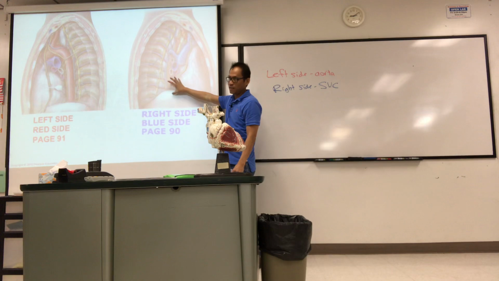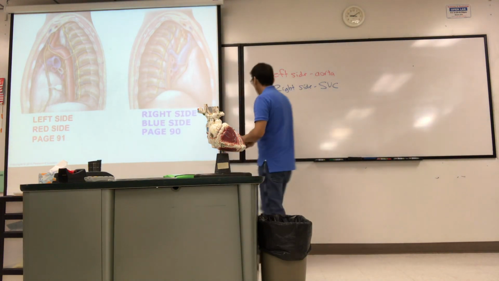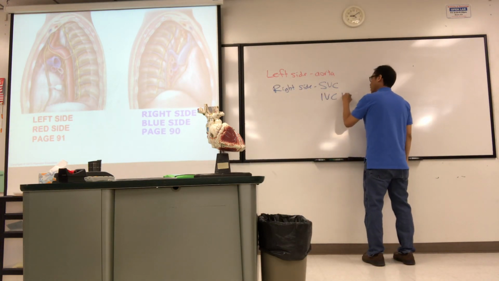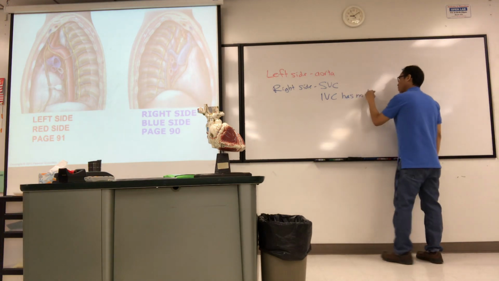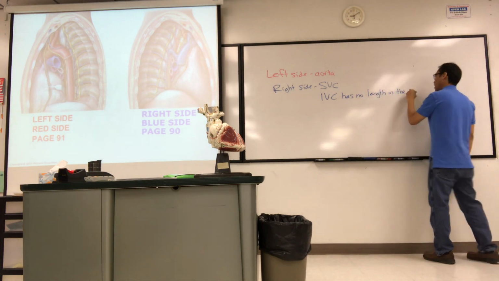So you really can't see the inferior vena cava in the thoracic cavity. Let me note that. I think it's a study guide question. The inferior vena cava has no length in the thoracic cavity.